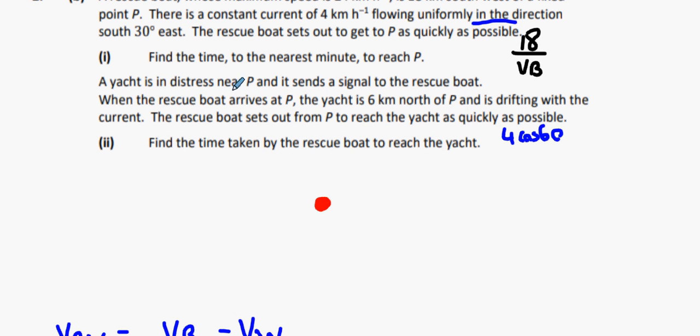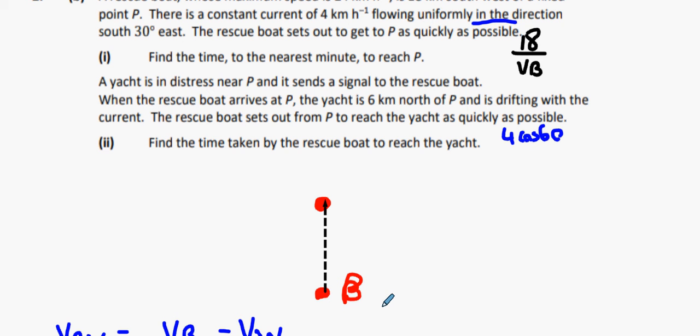A yacht is in distress near P and sends a signal to the rescue boat. When the rescue boat arrives at P, you're currently at P and the yacht is 6 kilometers north. Now, we're at point P, but we're still technically the boat.